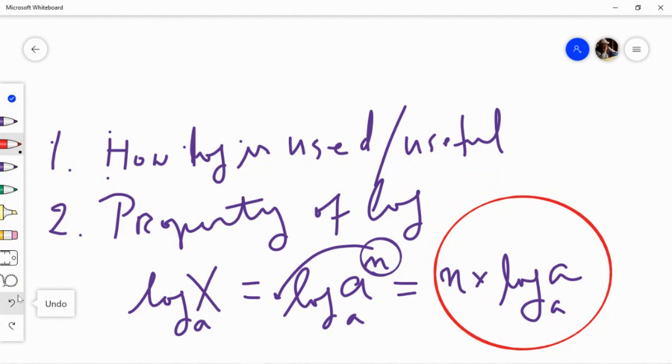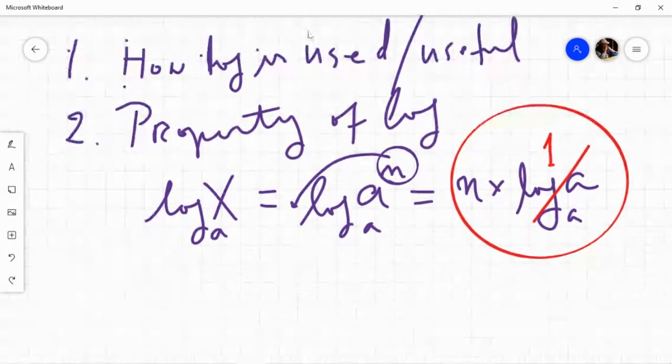Why? And then, we all know that log base a of a is 1, right? And simply this will turn into only n, right? But why is this a useful property to us?